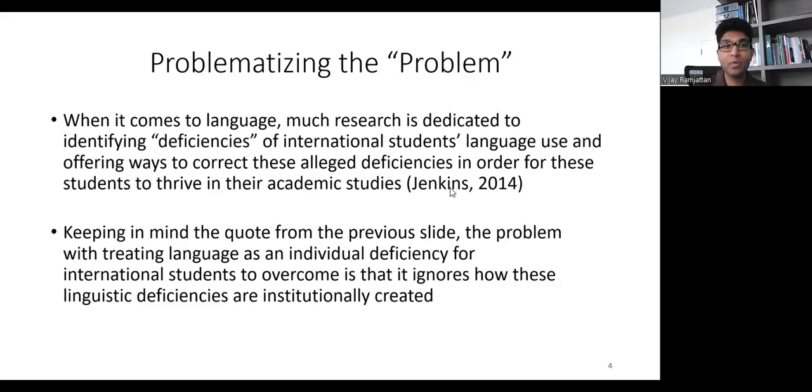So keeping in mind the quote from the previous slide, the problem with treating language as an individual deficiency for international students to overcome is that it ignores how these linguistic deficiencies are actually institutionally created. That is, international students do not enter higher education institutions already possessing some linguistic deficiency. Rather, their language practices are made to be deficient through institutional processes within their academic environments.